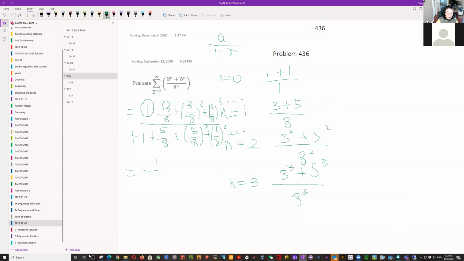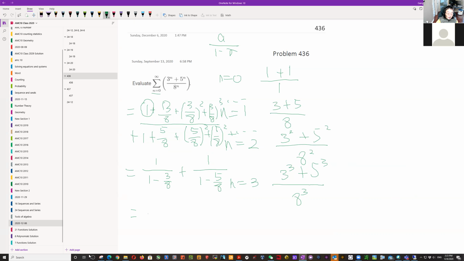So it's actually 1 divided by 1 minus 3/8. So that's for this part. Then plus 1 over 1 minus 5/8. So this is the way that you can get it.